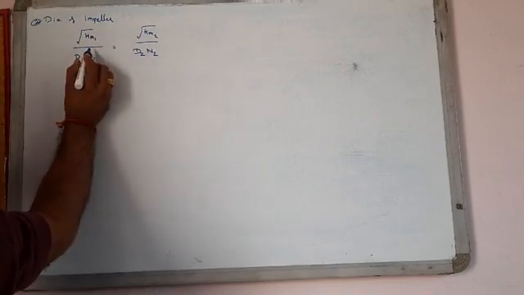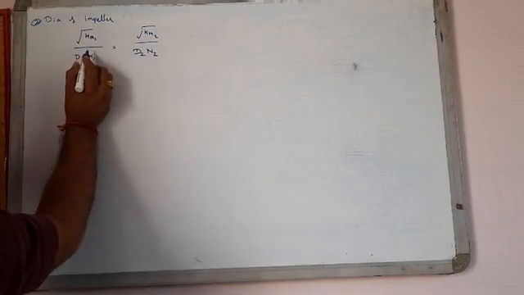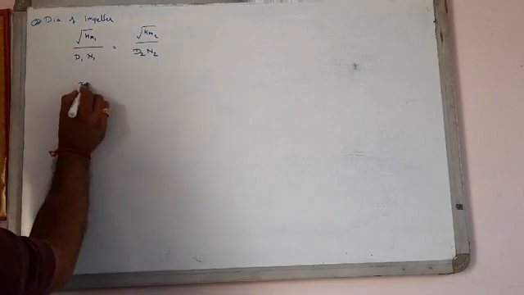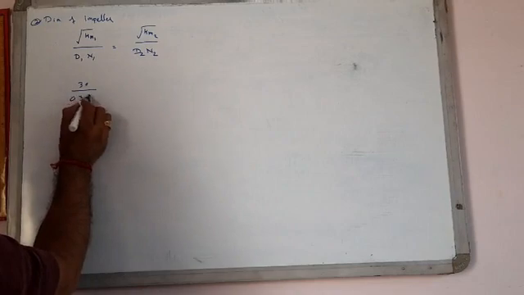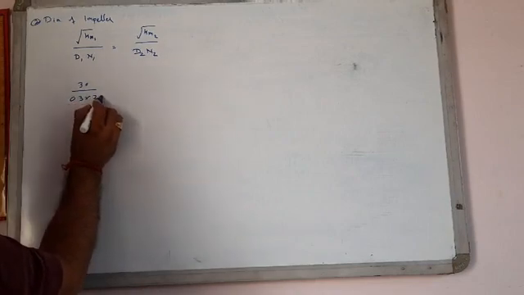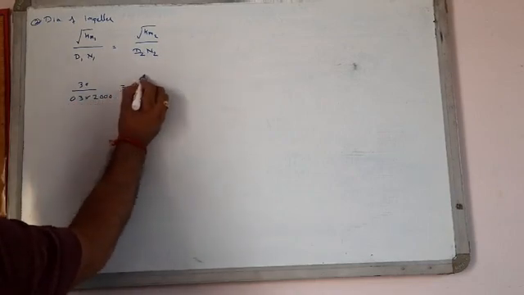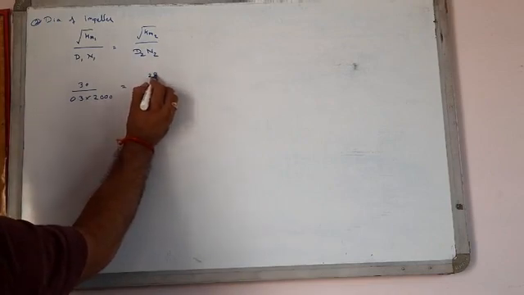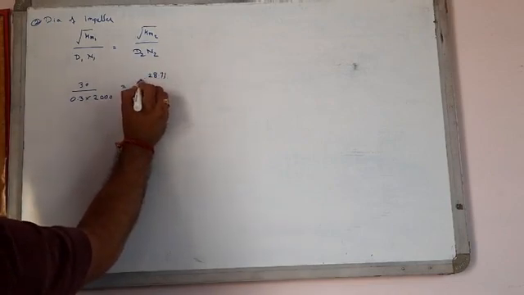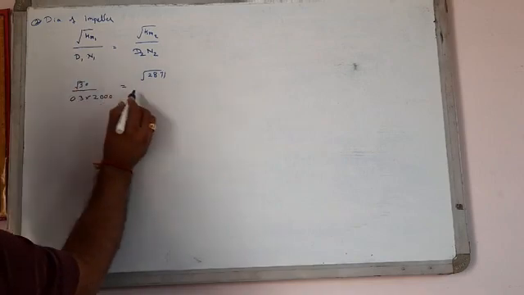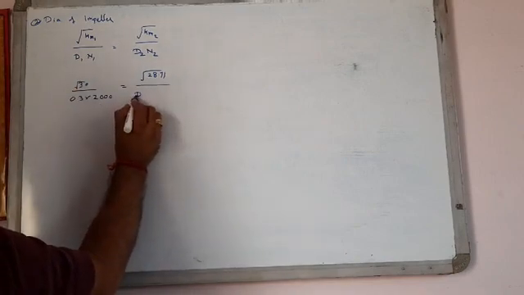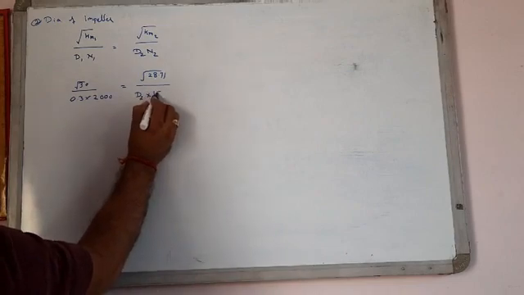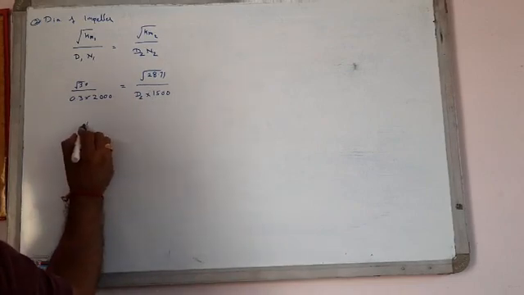Putting the values here, this is root 30 by 0.3 into 2000 equal to root 28.71 by D2 into 1500.